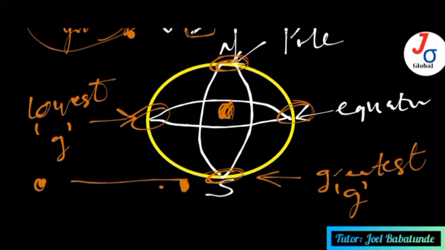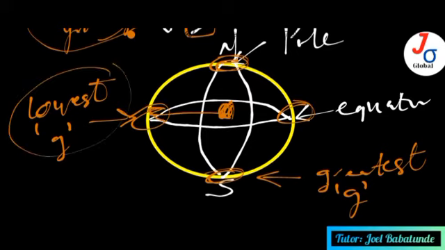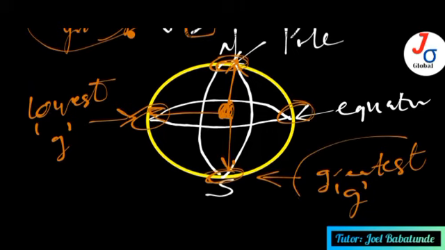So at the equator, because it is farther away from the center of the Earth, which is the source of gravity, the g is less. The pole, which is closer to the center of the Earth, is going to have the greatest g.